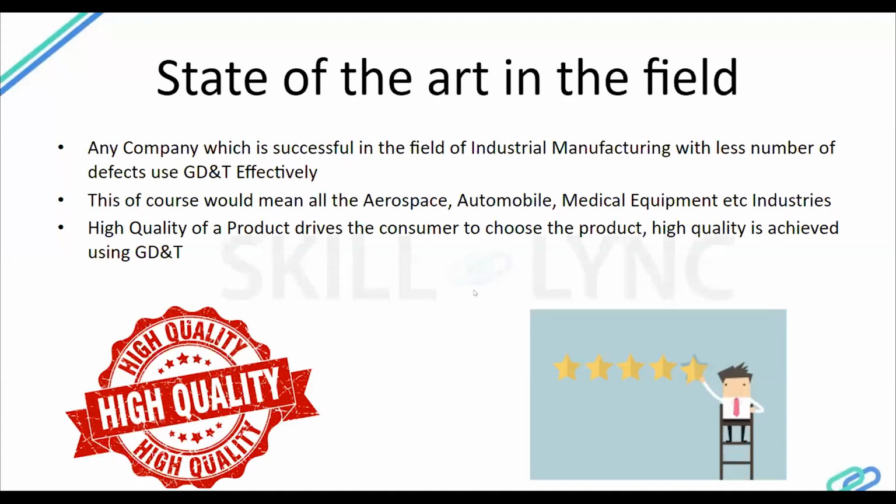If you are stringent in terms of GD&T and your line of quality control is very good, then your line of high quality products is very successful.